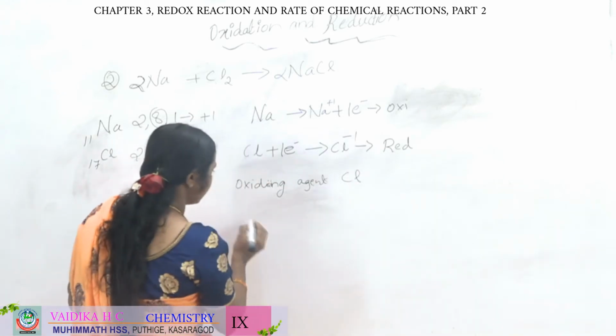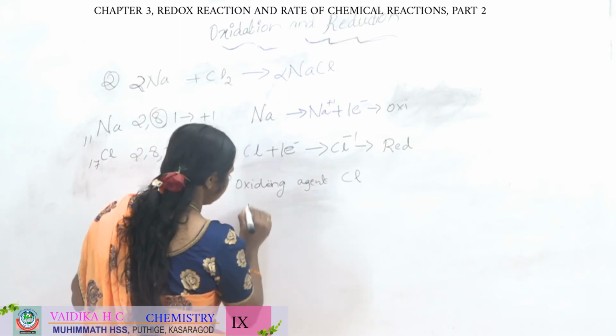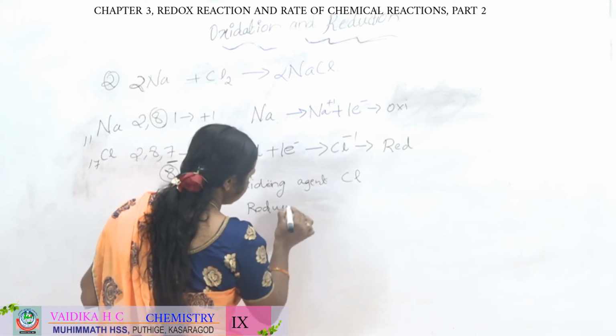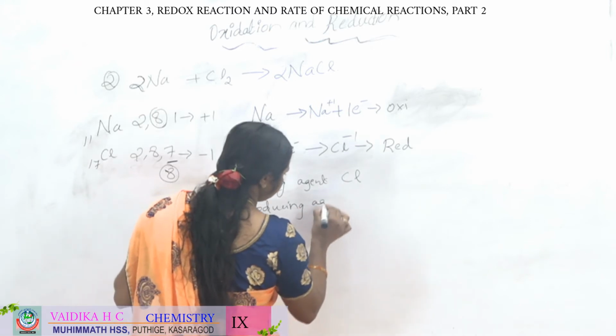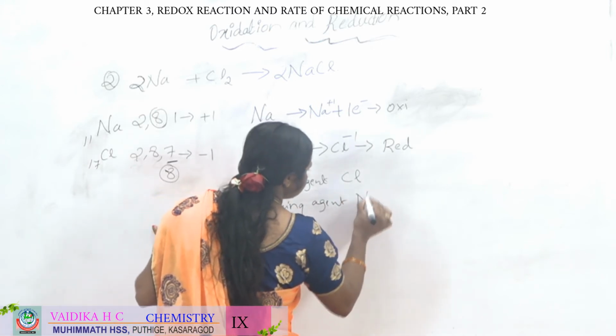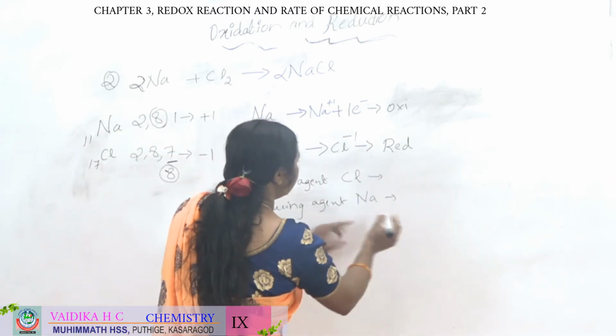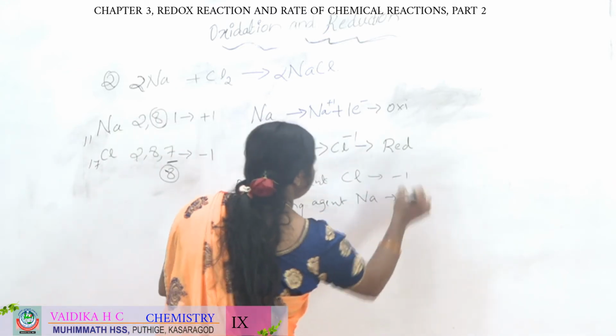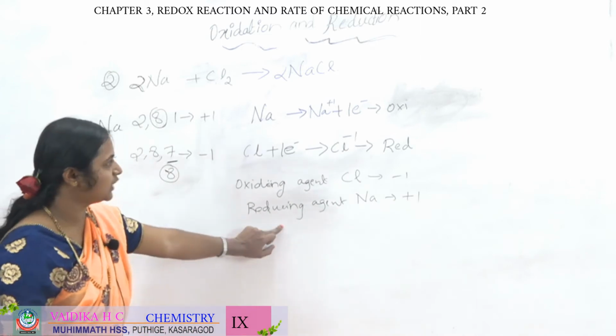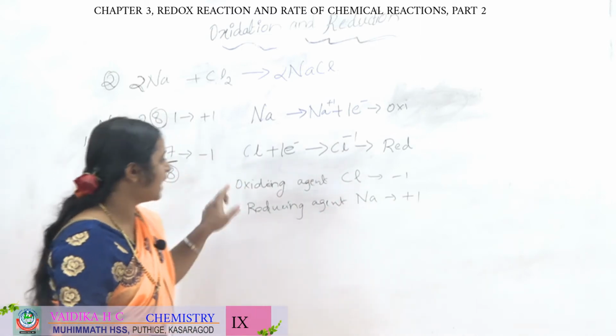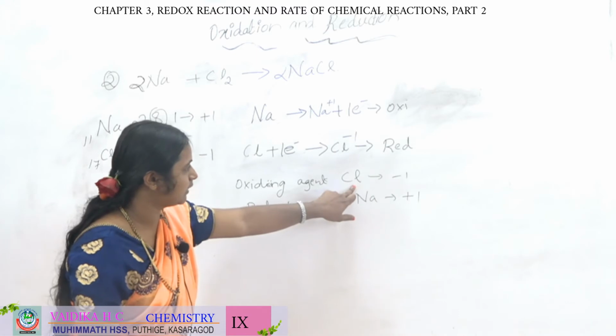Chlorine gains 1 electron, so it is the oxidizing agent, and the reducing agent will be sodium, because sodium lost 1 electron and chlorine gains 1 electron.